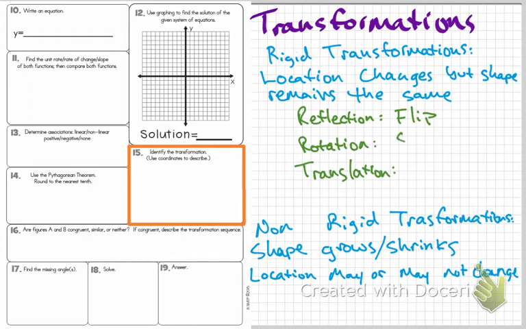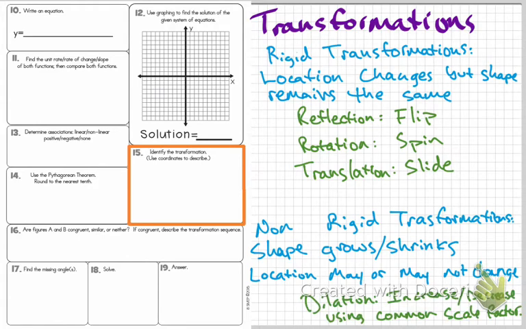A rotation, we can think about like the shape spinning on the coordinate plane. And a translation, we can think about the shape sliding or moving on the coordinate plane. Remember, in all 3 of those examples, the shape itself remains the same. It's just its position that has moved.